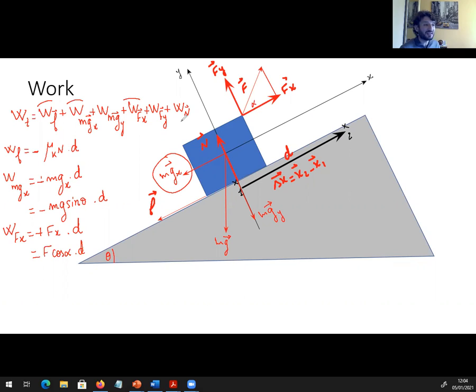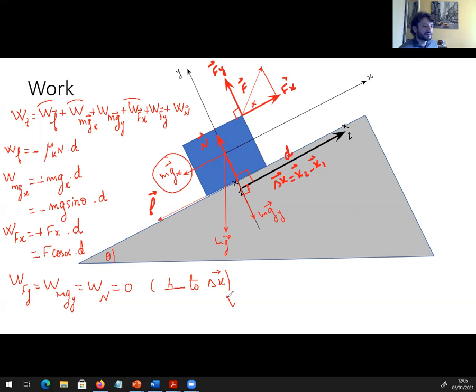Mgy, fy, and n are perpendicular to the displacement, so their work equals 0. You see here, mgy is down, n is up, the angle between them and the displacement is 90 degrees, and fy also has an angle of 90 degrees.